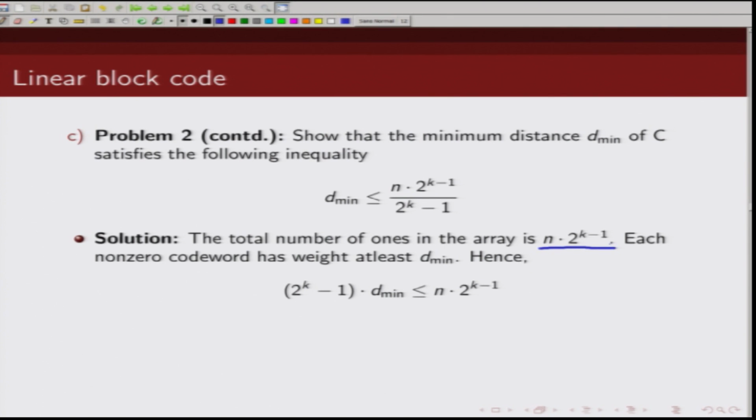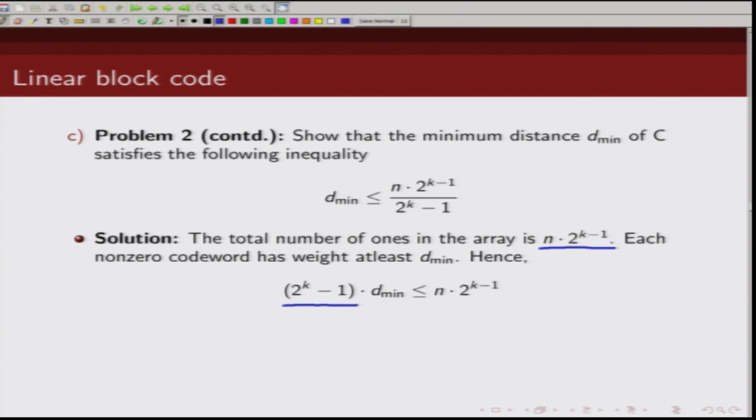Now, since each non-zero code word will have minimum distance at least d min, and how many total code words we have? 2 raised to power k. One of them is all zero code word. So, how many non-zero code words we have? That is given by 2^k minus 1, and each of these non-zero code words have minimum distance at least d min.